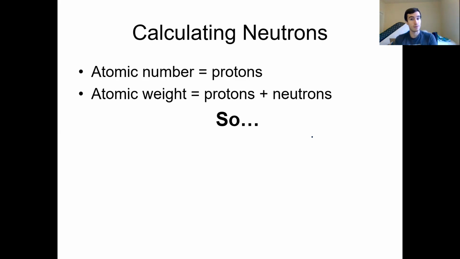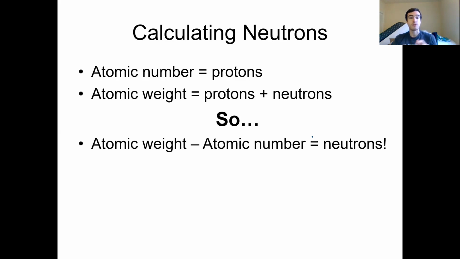So that means that if we take the atomic weight and we subtract out the number of protons, or the atomic number, that will give us the number of neutrons. So the atomic weight minus the number of protons will give us the number of neutrons.